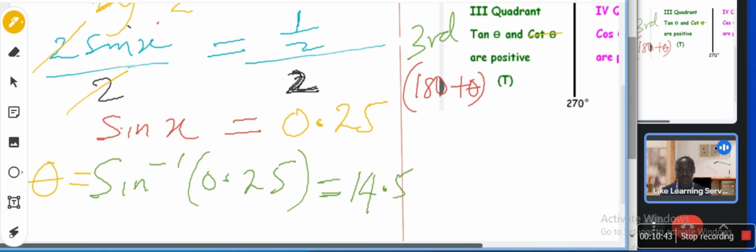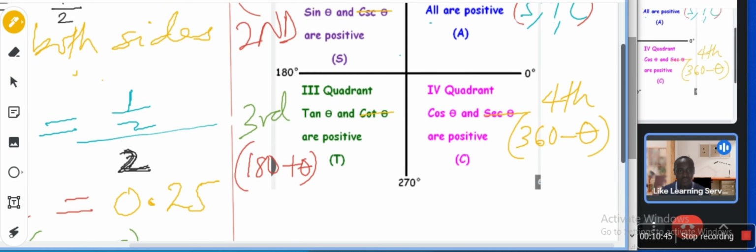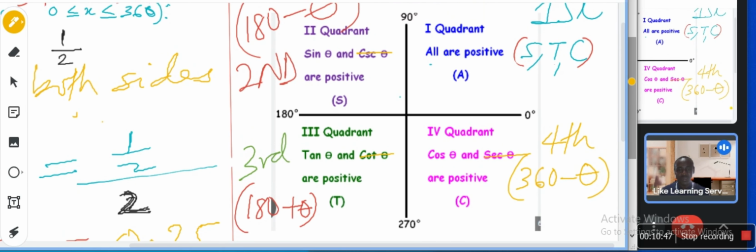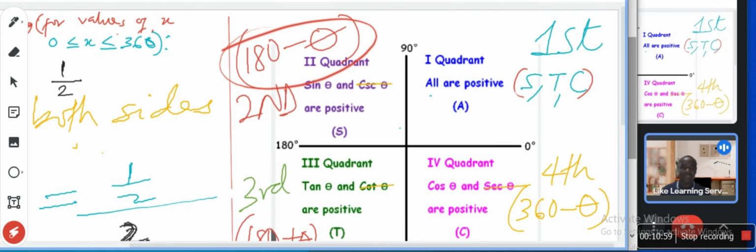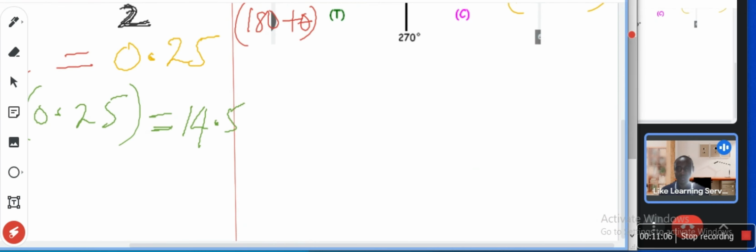So I'm coming to only where sine is positive. The first is already 40.5. We've gotten it. The second, I said it is 180 minus theta, where theta is that angle you found.